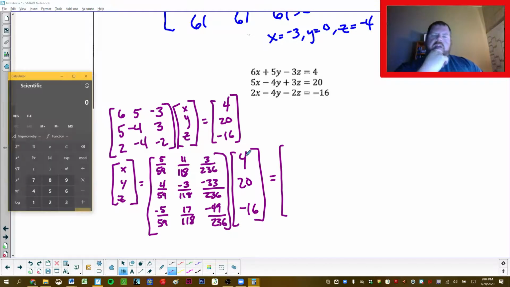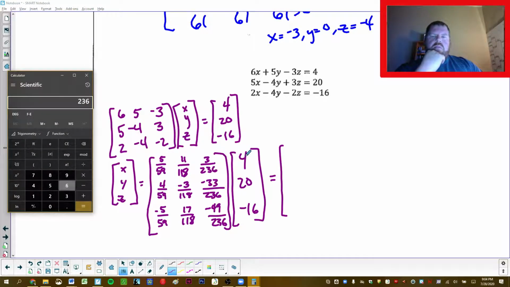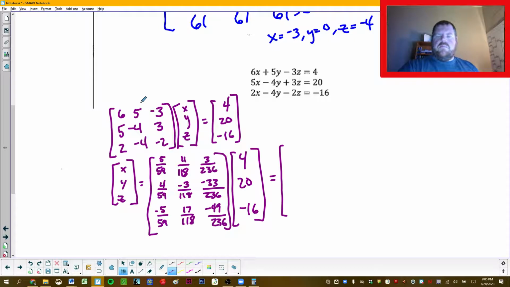Let's see if I can't find a way to make this easier. I think that's 4 times that. Do I do that? I think I do. We're going to do that to try to make life a little bit better. So I'm actually going to do... No, I'm not. I'm going to stick with it how it is.